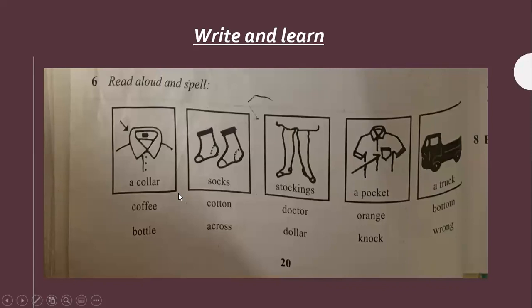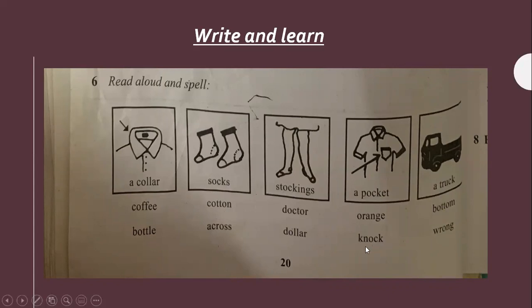All these words are very easy and you must learn the spellings of these words. Collar, socks, stockings, pocket, truck, coffee, cotton, doctor, orange, bottom, bottle, cross, dollar, knock, wrong.